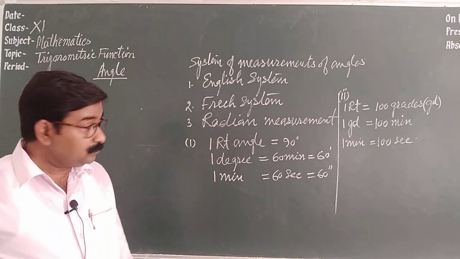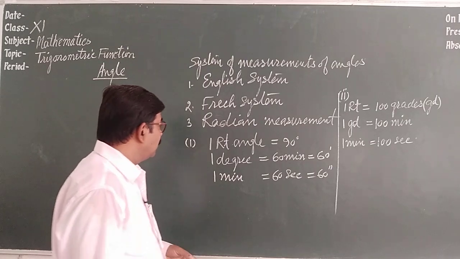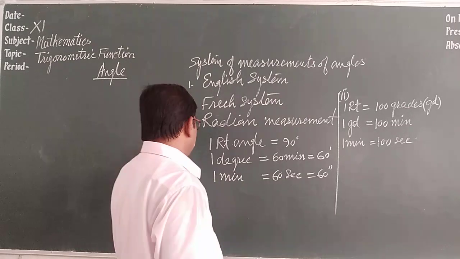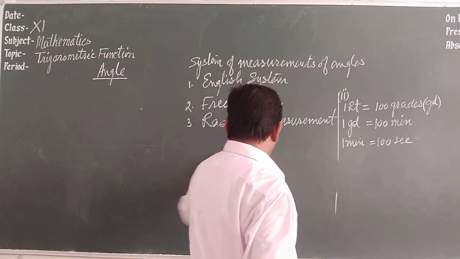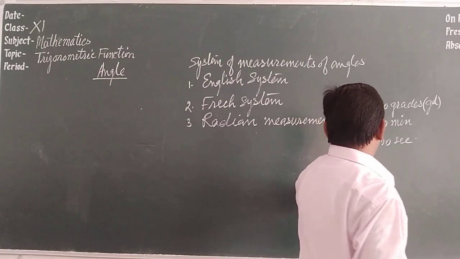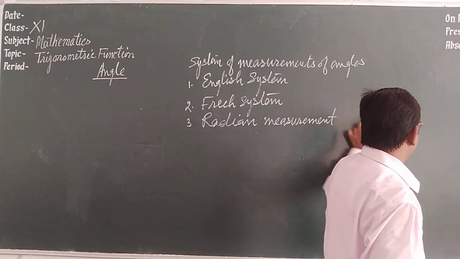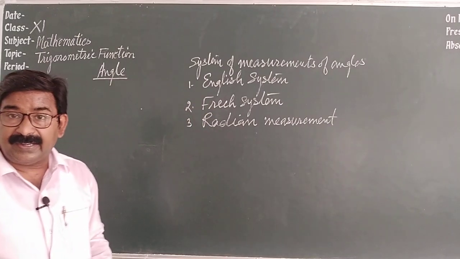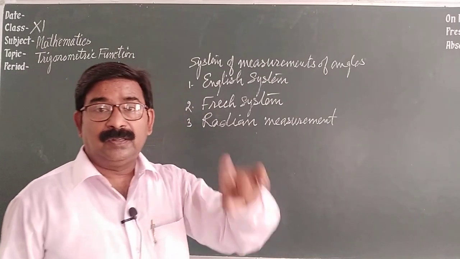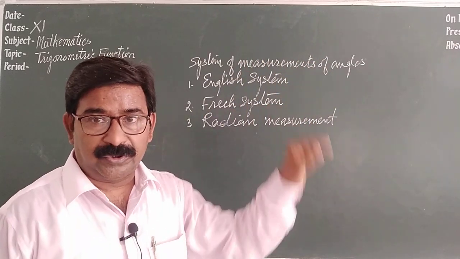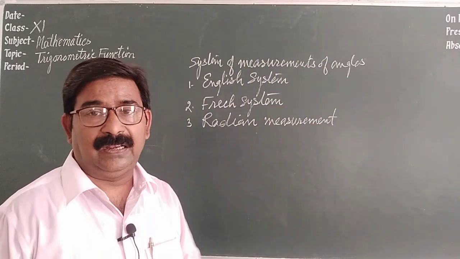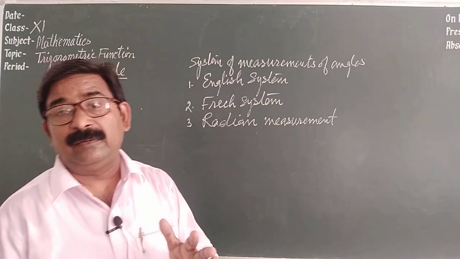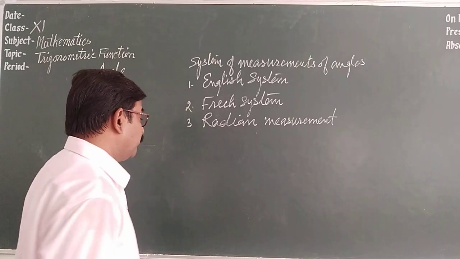Now the third one is radian measure. What is radian measure? Let's see. When a ray terminates in a circle, or you can say angle measured in a circle.